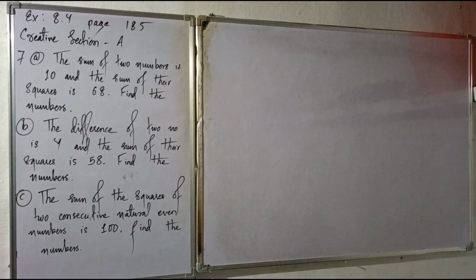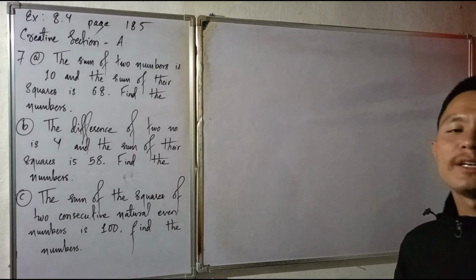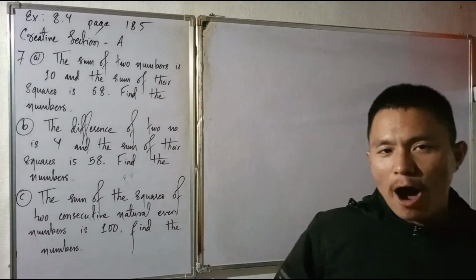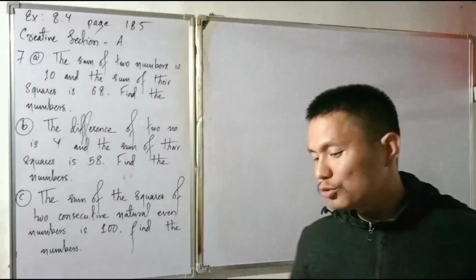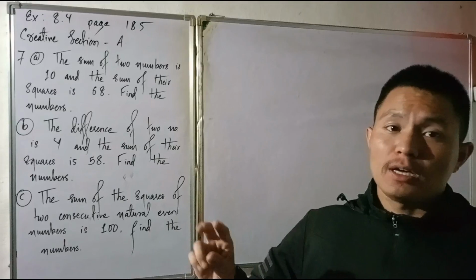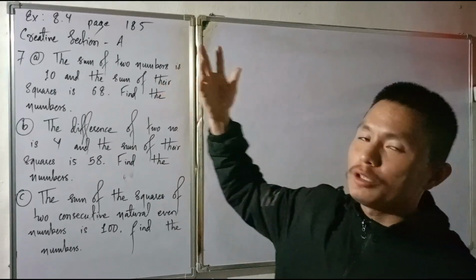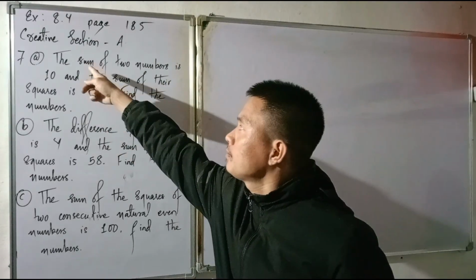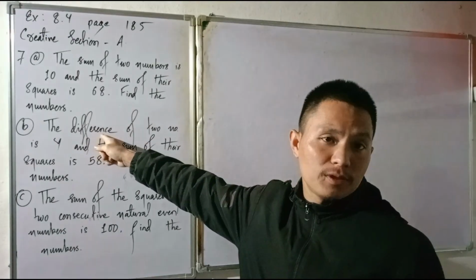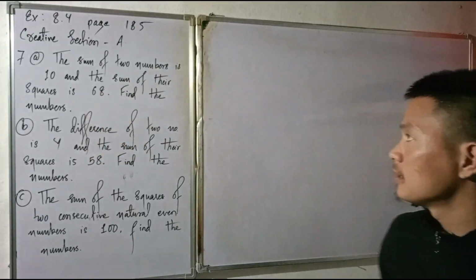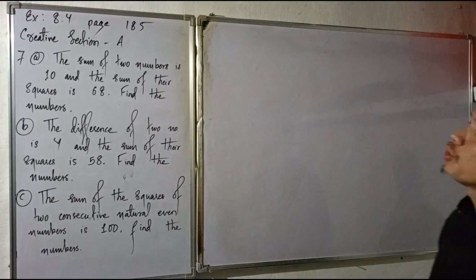Number 7a: the sum of two numbers is 10. I have already explained how to consider two numbers when there is a sum and when there is a difference. So the sum of two numbers is 10.